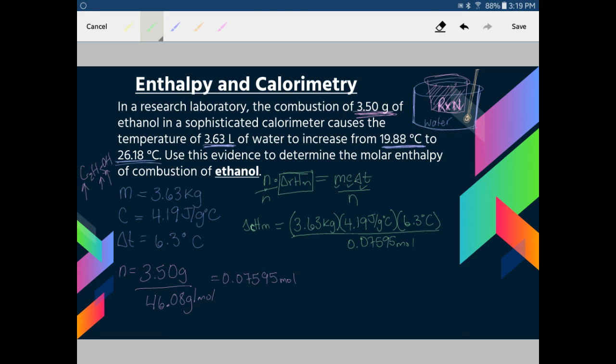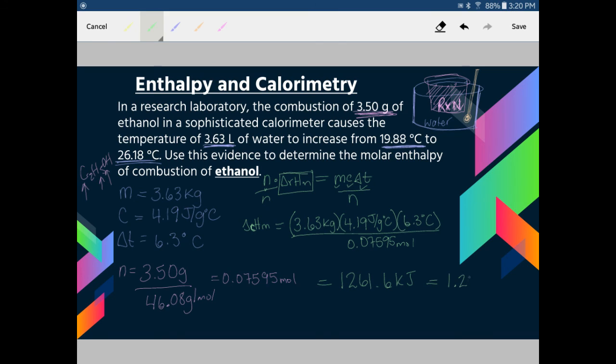And now when I plug that all into my calculator, I should get this equaling 1,261.6 kilojoules, and if I want to write it in megajoules, it's also equivalent to 1.26 megajoules.